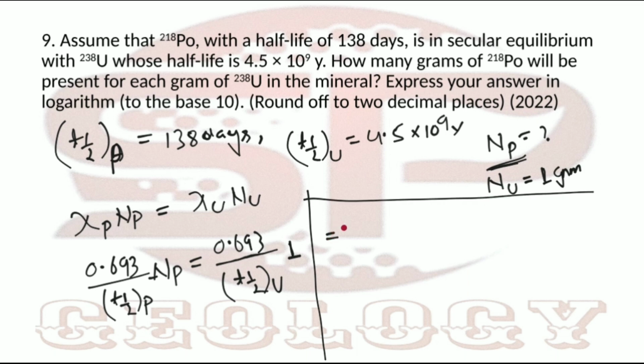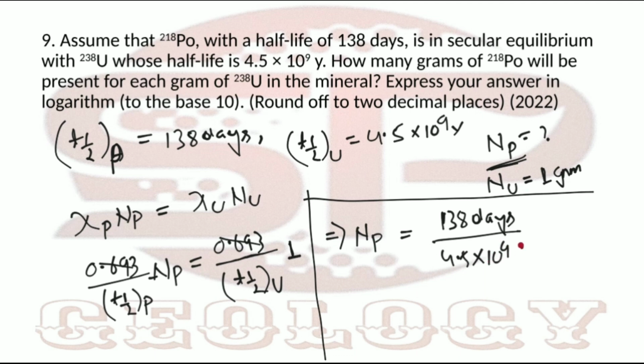Then we can calculate, 0.693 cancels. So NP will be P half P, that is given as 138 days, divided by uranium, which is given as 4.5 into 10 to the power 9 years.